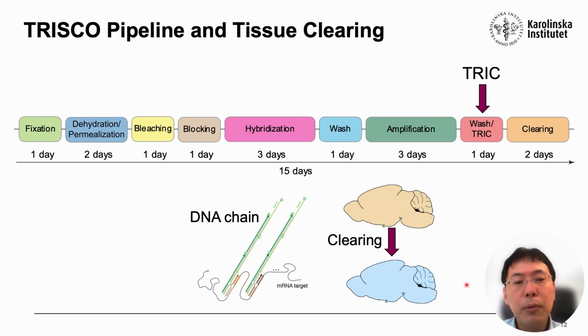To meet both of these requirements, we developed a tissue clearing process called TRIC. It's here, which we apply before tissue clearing. Now, let me explain how we developed the TRIC process, how we managed to preserve the DNA chain while also achieving high tissue transparency.